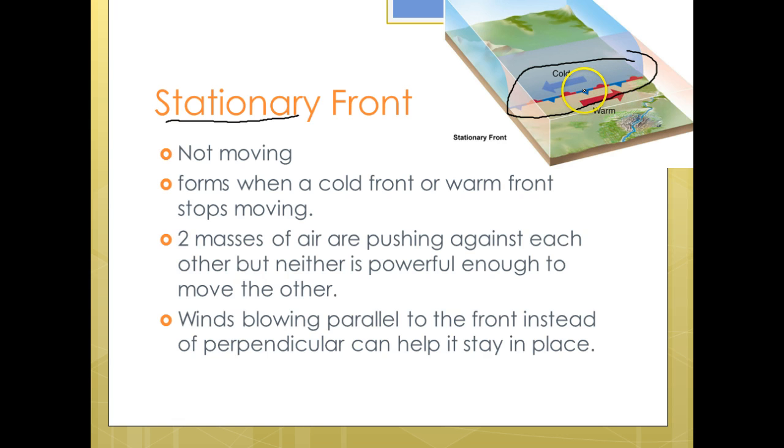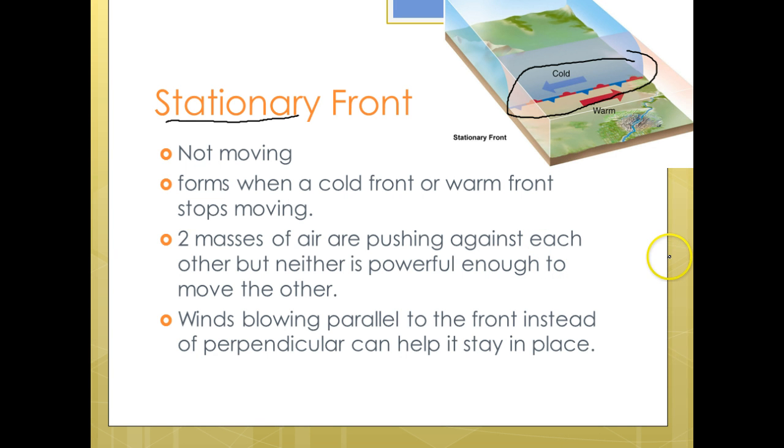We have the cold triangles for the cold and the nice warm happy semicircle for the warm. Notice that the warm front might be moving along the border and the cold front might be moving along the border, but the border itself is not moving.